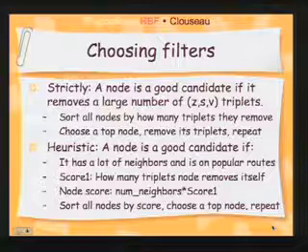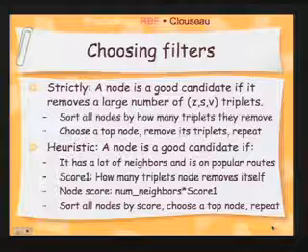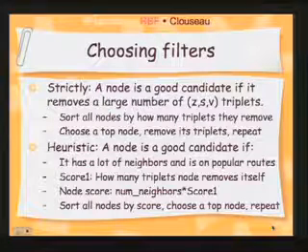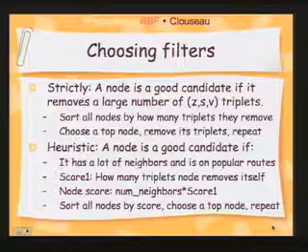What we did is for every filter, we evaluated how good it would be at filtering a portion out of this cube. And then we came up with a score that tells us how big a portion of the cube we filter.